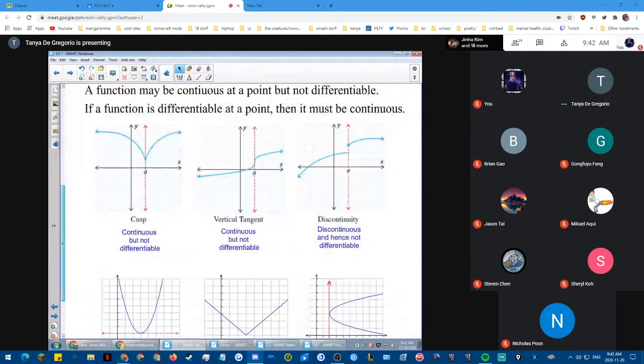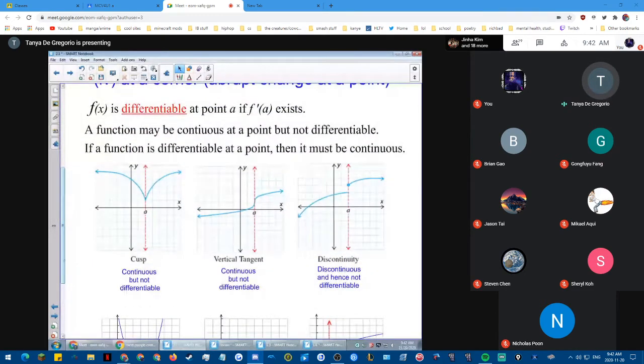So, f of x is differentiable at point a if the derivative at that point a exists. Okay, that's okay.